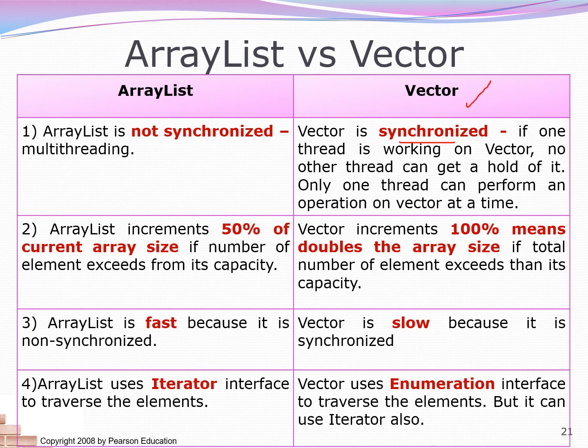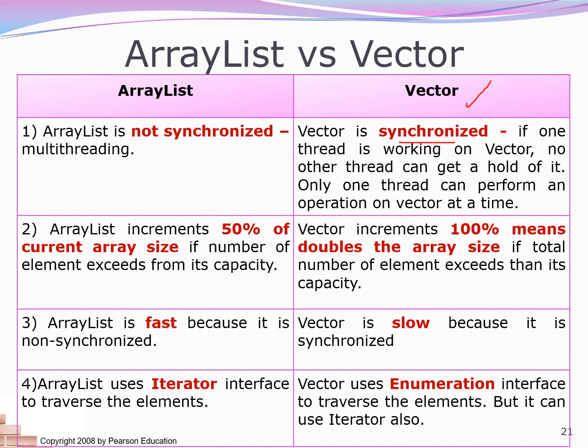For Vector, if the list is about to be full, it will add 100% of the array size. So it will add up more size. ArrayList is faster because it is non-synchronized. Vector, on the other hand, is slow.